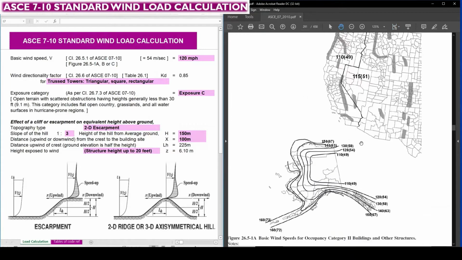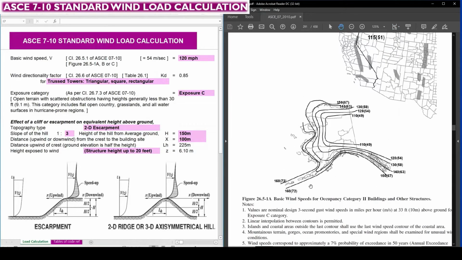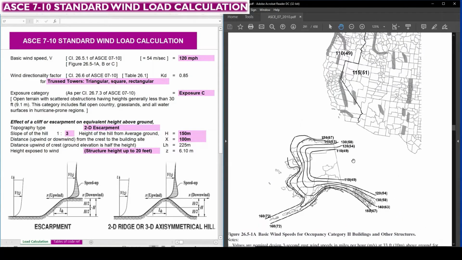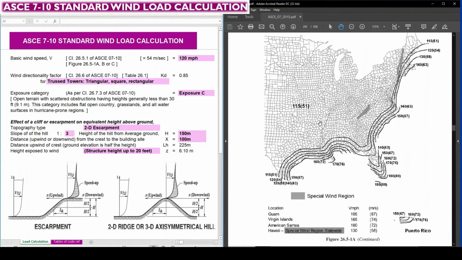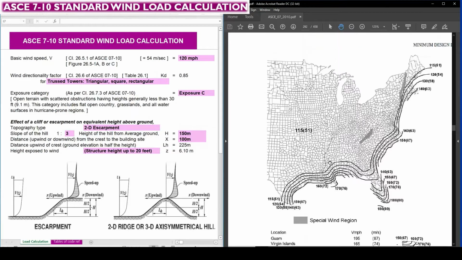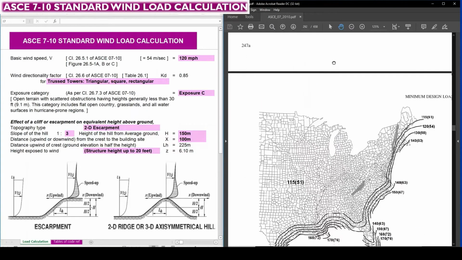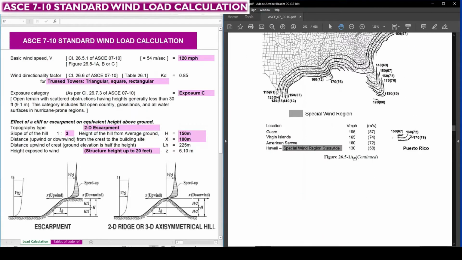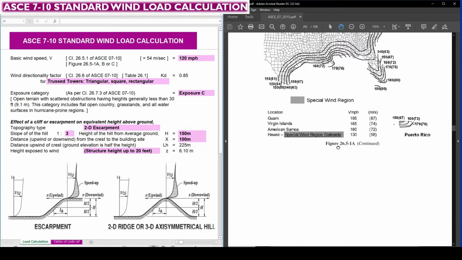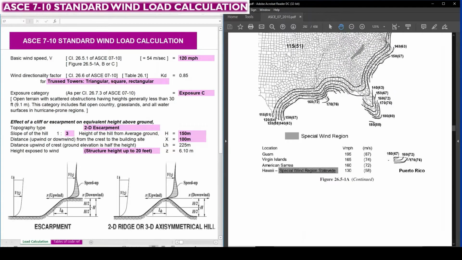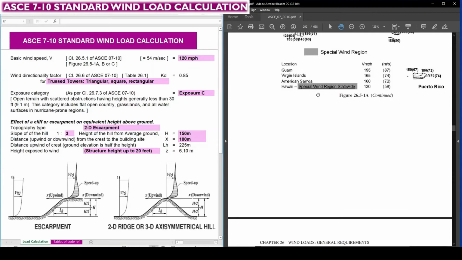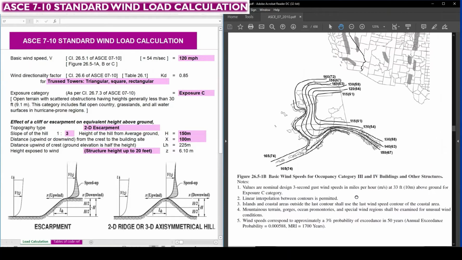So here you can see the US map for basic wind speeds for category 2. Depending upon the project location, we need to find out the speed from this map. Similarly, for risk or occupancy category 3 and 4, we need to refer to this map.